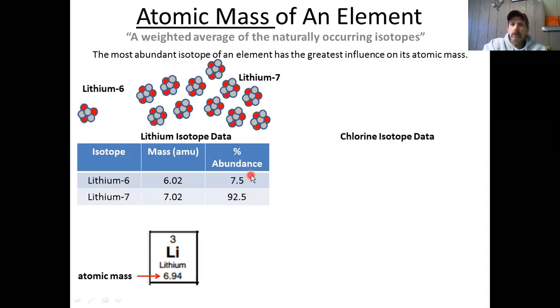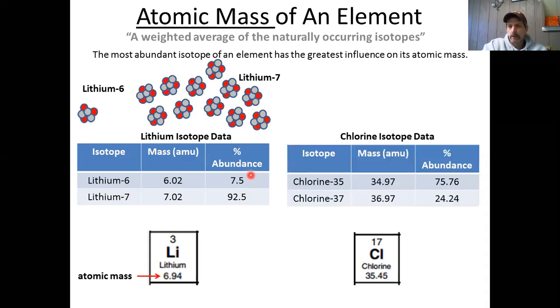So if we were to take a look at some chlorine isotope data, we kind of get to see why the atomic mass of chlorine is sort of close to 35 and 36. There are 2 common isotopes of chlorine, chlorine-35 and chlorine-37, but most of those chlorine atoms exist as chlorine-35. So like the statement says up here, the most abundant isotope has the greatest influence.